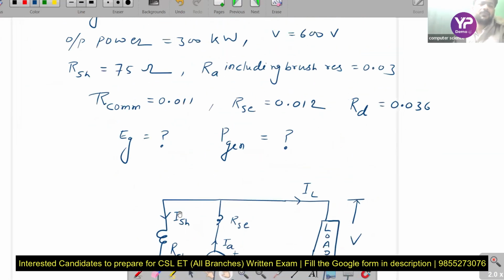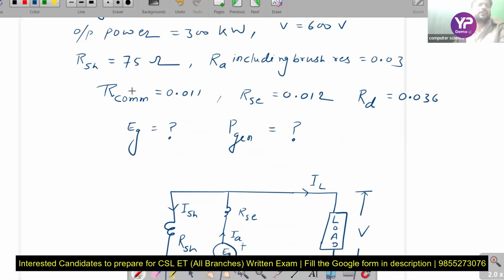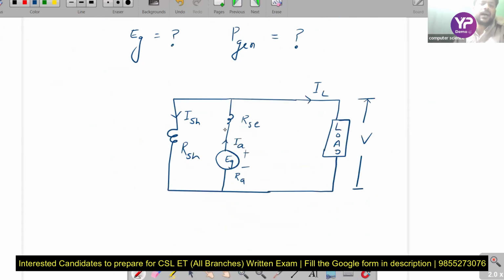But if additional information is given like commutating field winding resistance, then we remember the commutating field winding resistance is connected in series with the armature. So here we connect the commutating field winding resistance.